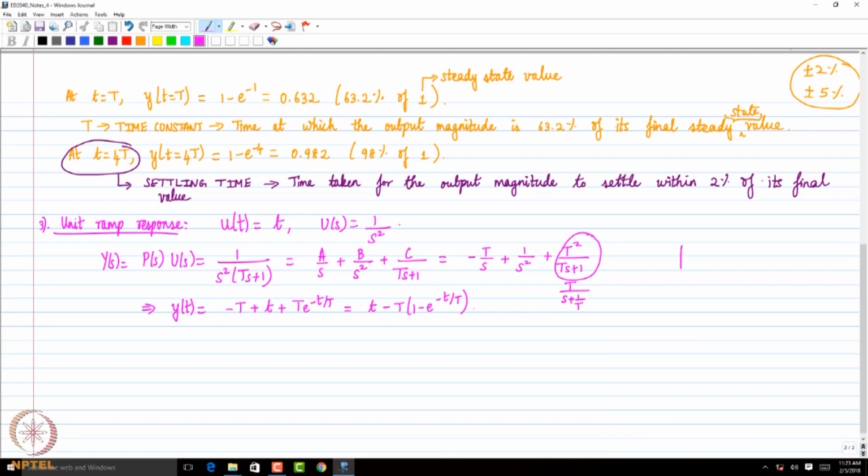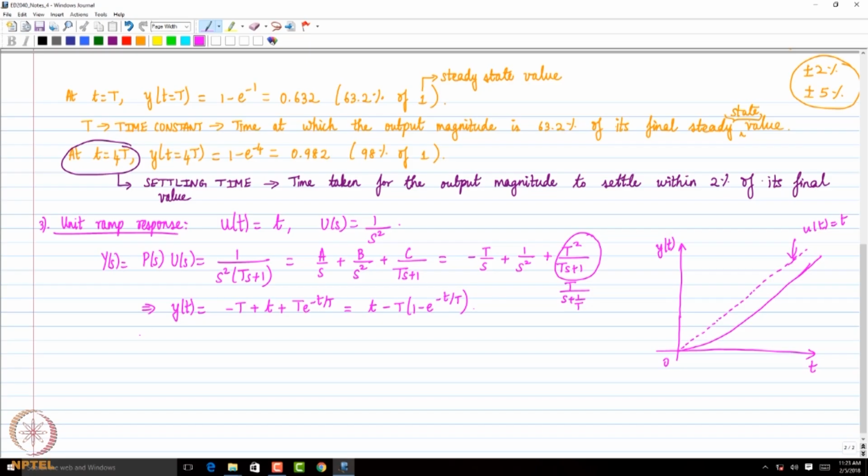So how is this response going to be? You see that if I give a unit ramp input, that means u of t is t, okay, right. So the ramp response is going to be something like this. I am drawing an exaggerated diagram just to convey the point, okay.